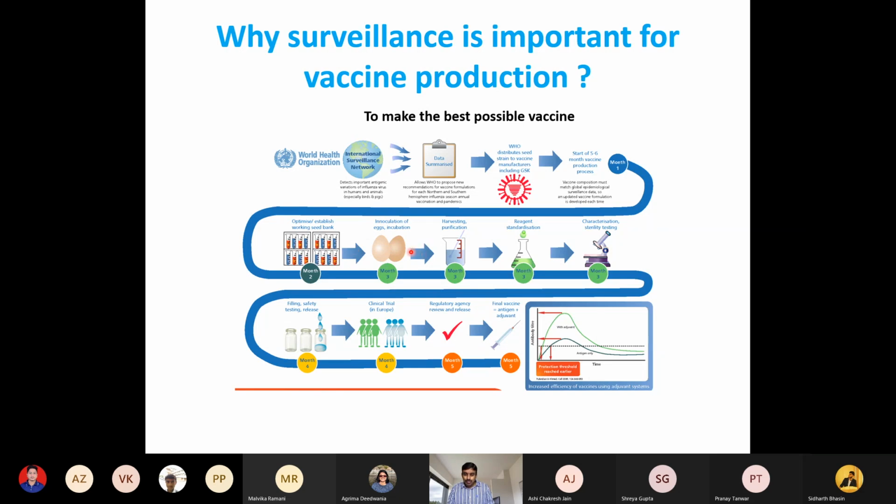I told you eggs is where they're produced. They harvest or purify the virus. They optimize the concentration that has to be used. They do some safety testing and sterility testing, and they do clinical trials on a small scale and then a larger scale, and then the regulatory agencies review it and approve it for human use.